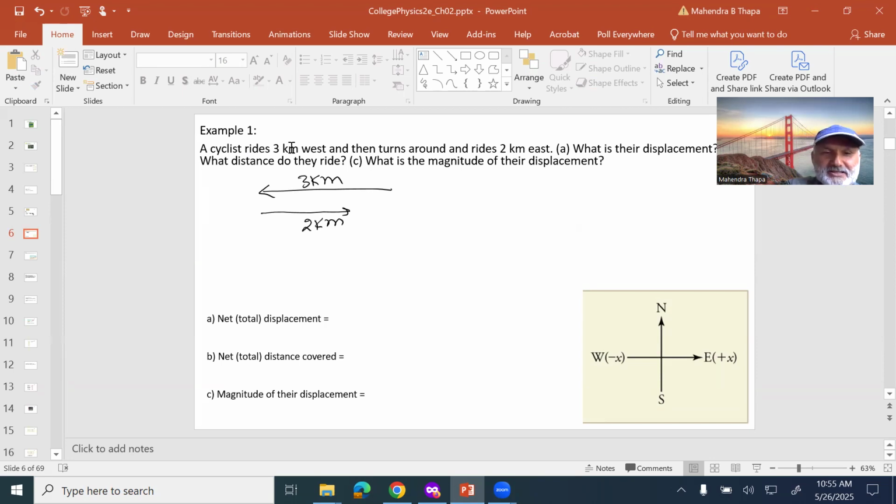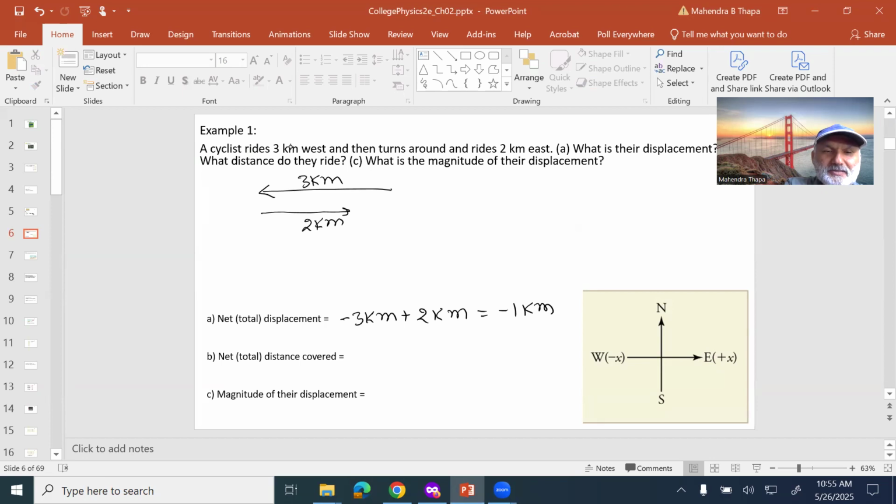So in this case, net displacement will be minus 3 kilometers plus 2 kilometers, that equals minus 1 kilometer. This negative sign is only telling us that the net displacement is towards the west.